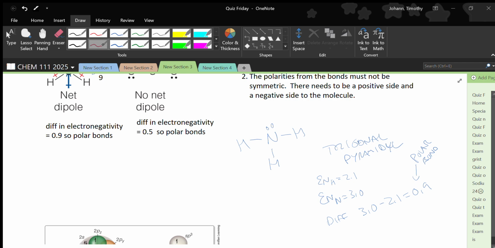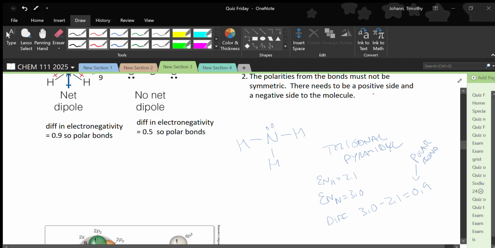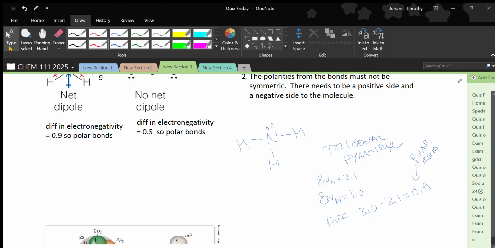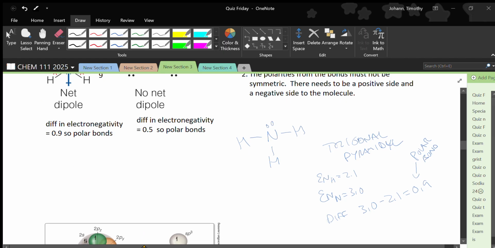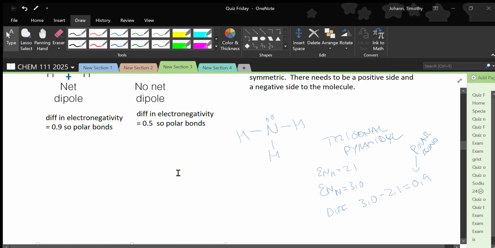Which one's more electronegative? Actually, let's not even ask that. Let's ask, where is the partial negative charge going to be in this molecule? Is it going to be on the hydrogens or is it going to be on the nitrogen?